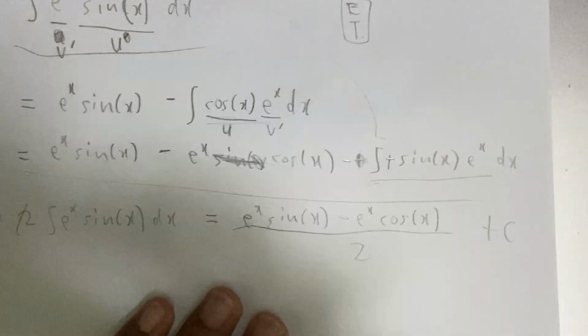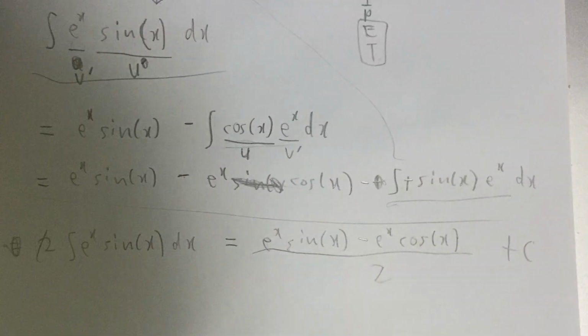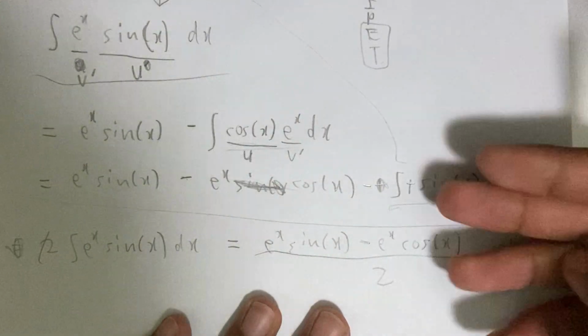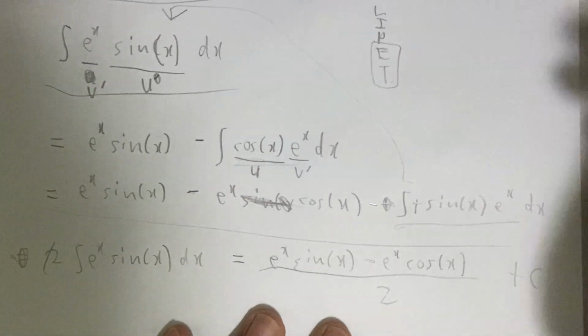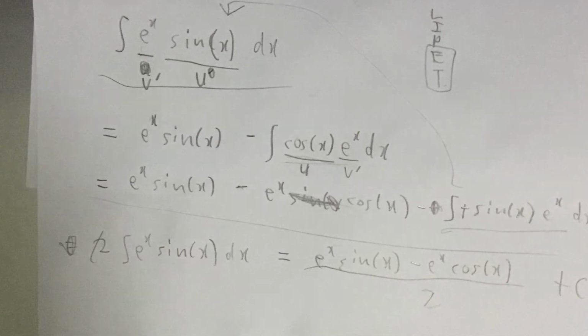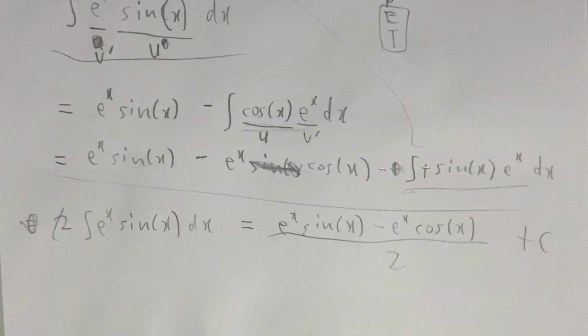Suddenly you have ended up with the answer. So this is what you do for some of these more complex integrals. You have to integrate by parts at least one more time, sometimes even twice or thrice, before you can do this little switcheroo and end up with your final answer. Okay, thanks.